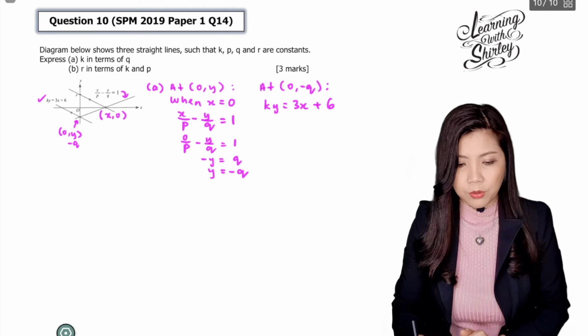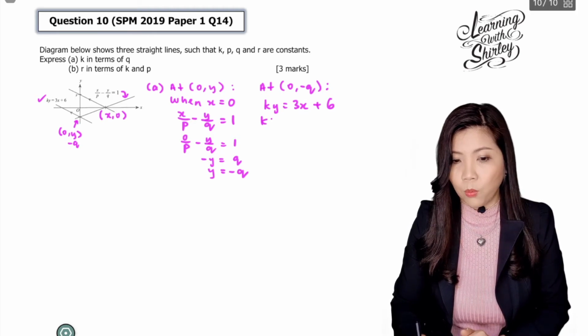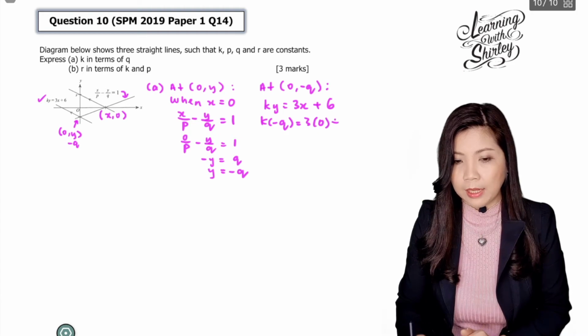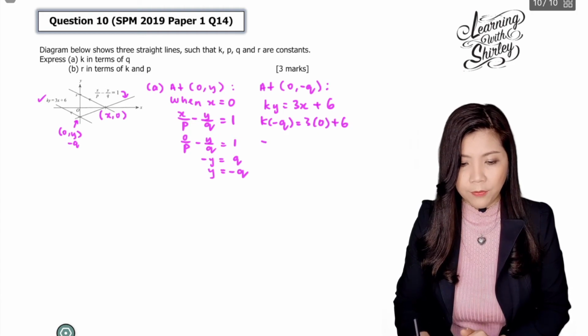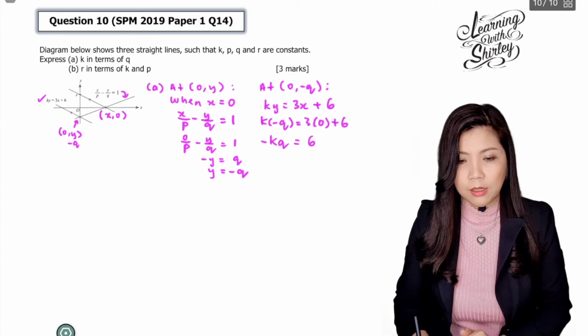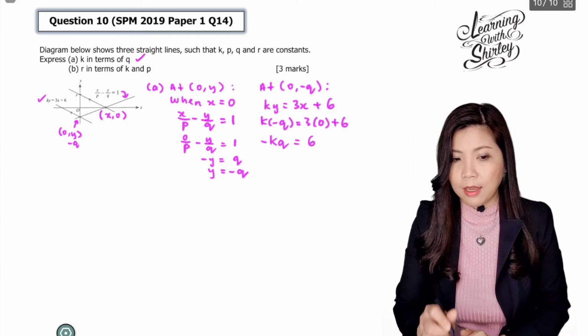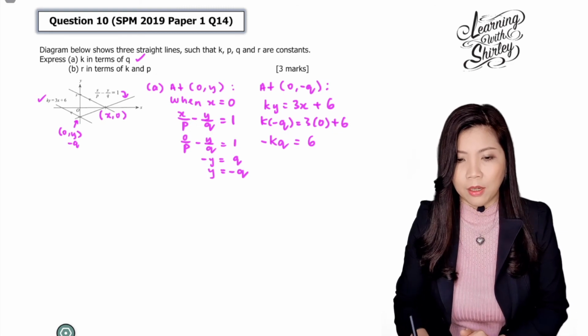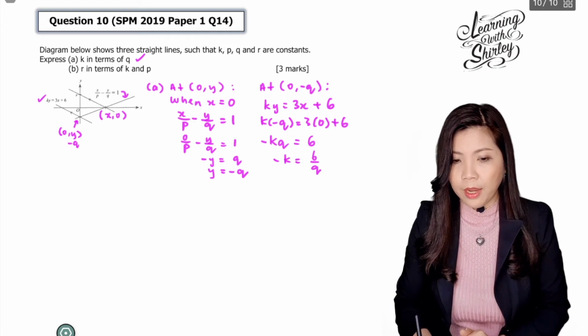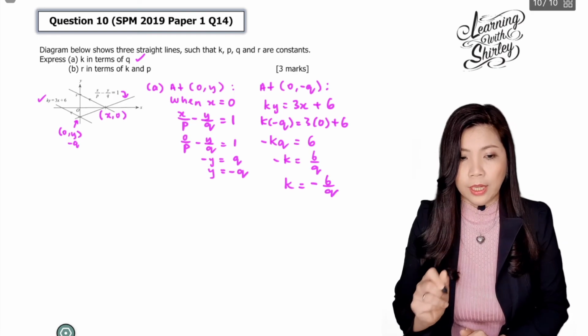So k, the y is negative q, equals 3, the x is 0, plus 6. So negative kq equals 6. Now let's look at the question. They are asking for k in terms of q, which means k should be on the left hand side. So negative k equals 6 over q. Therefore, k equals negative 6 over q. So that's the answer for A.